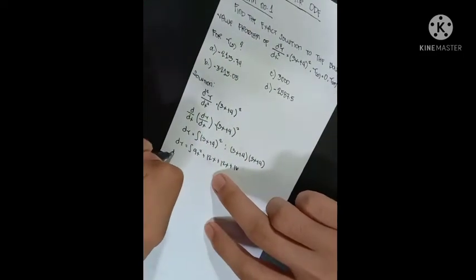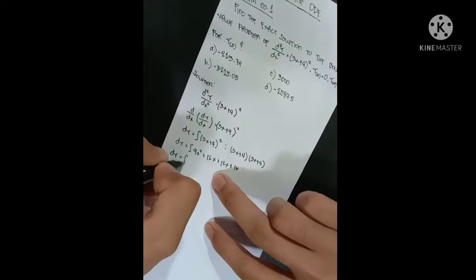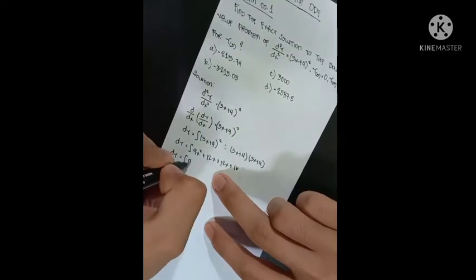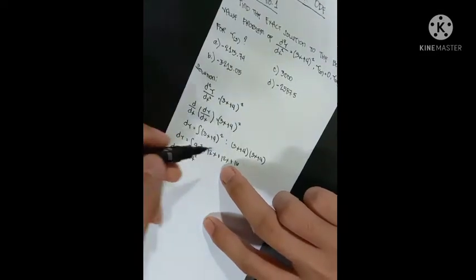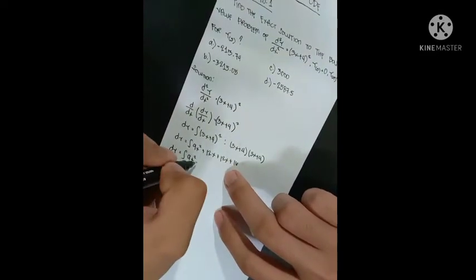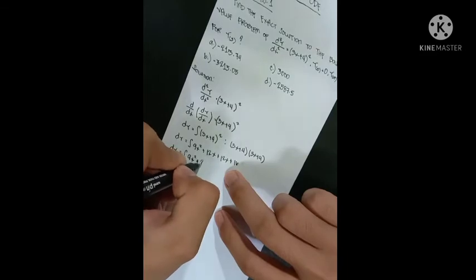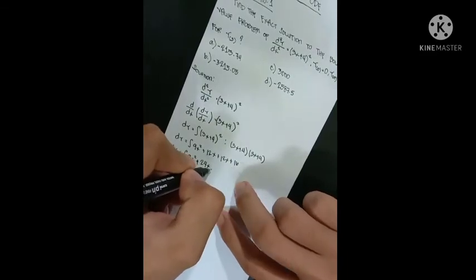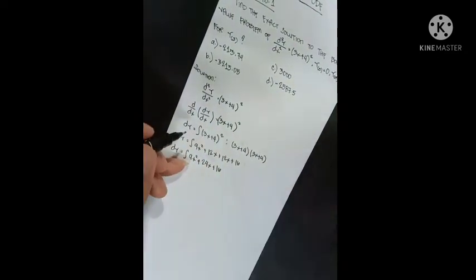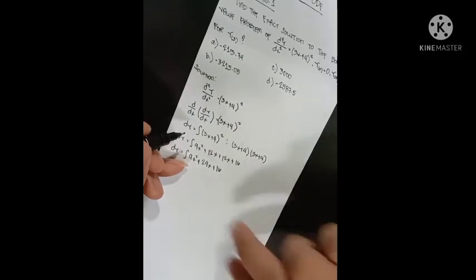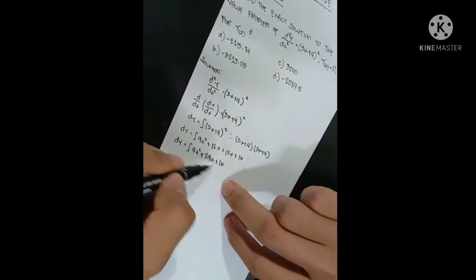So for our dy, 9x squared, and since it is the same variable, 12x plus 12x equals 24x, plus 16. Next, we integrate this value.